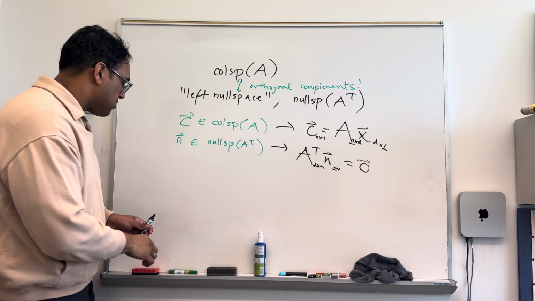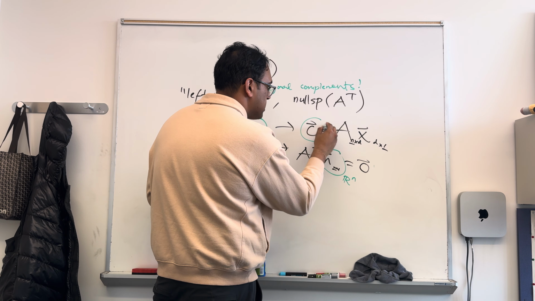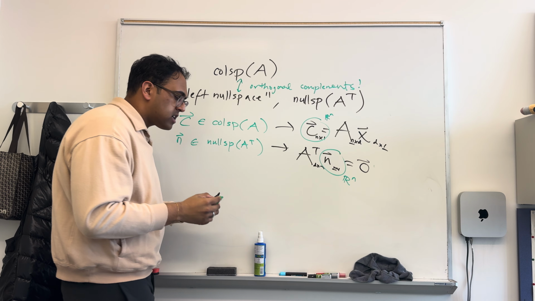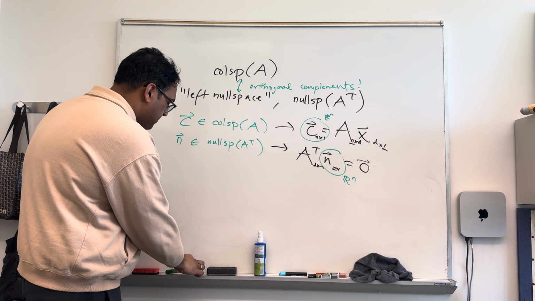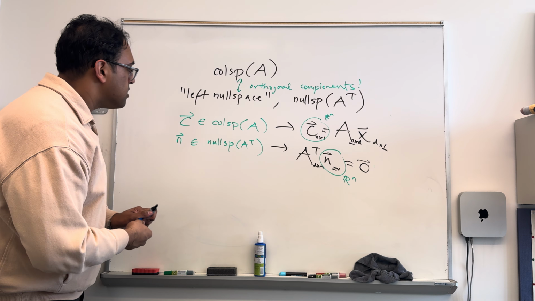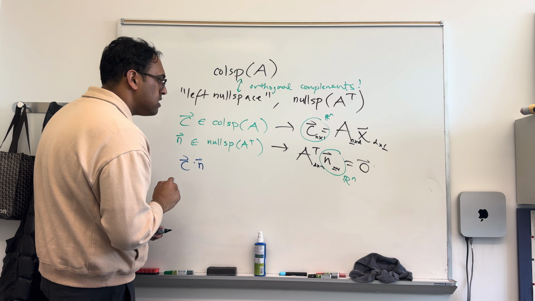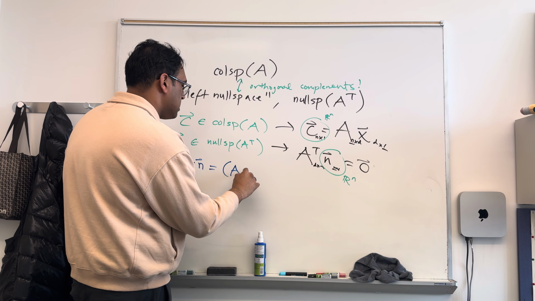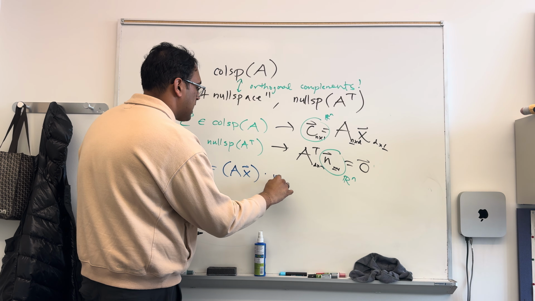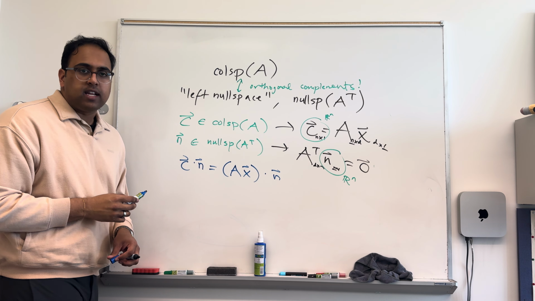Okay, so this vector here lives in Rn, and so does this one. So it's valid to consider what would happen if you took the dot product of them both. When we do that, let's see what happens. We take the dot product of C and N, but remember C is just AX. We're dotting that with N. Now somehow I'm going to need to use the fact that A transpose N is equal to the 0 vector.